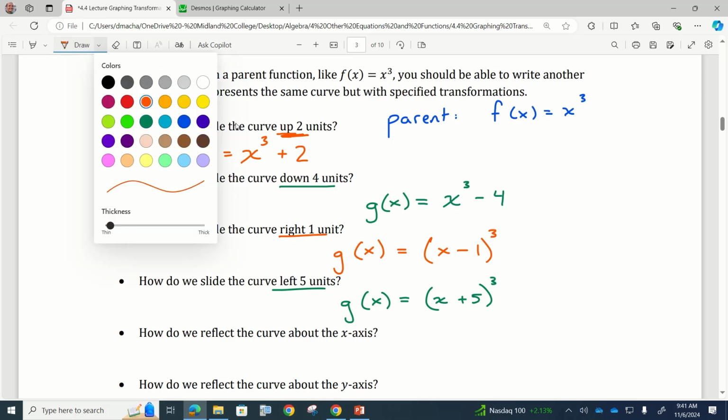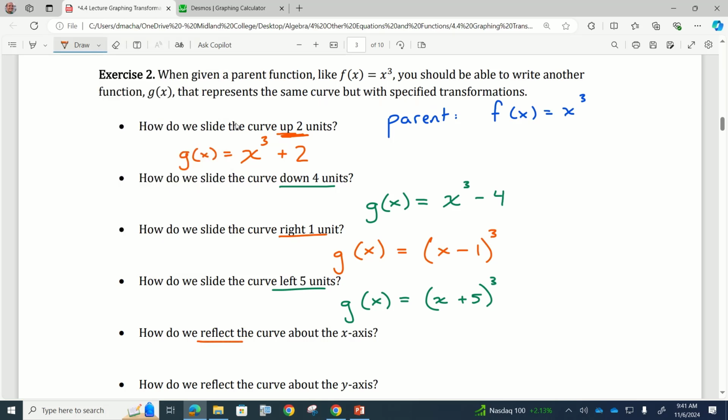What if I want the same as my parent function, but I want to reflect it across the x-axis? Yeah. If I want to reflect it across the x-axis, I just have to make it negative.